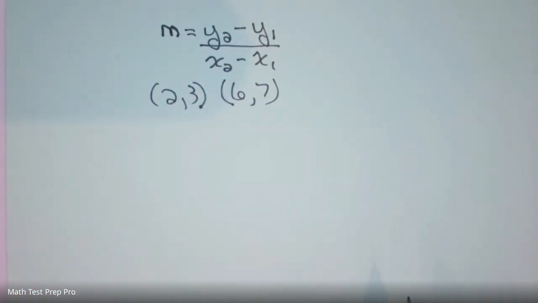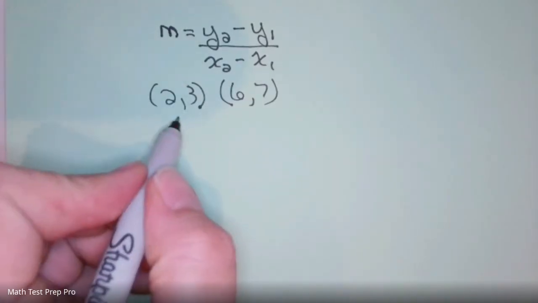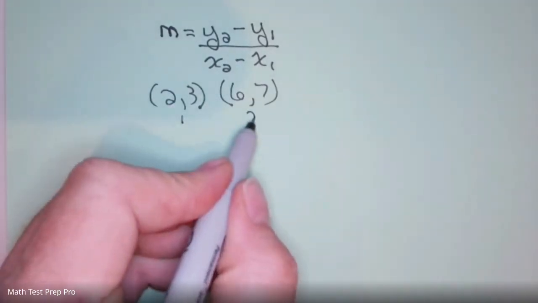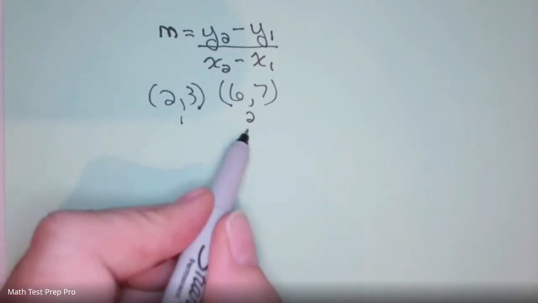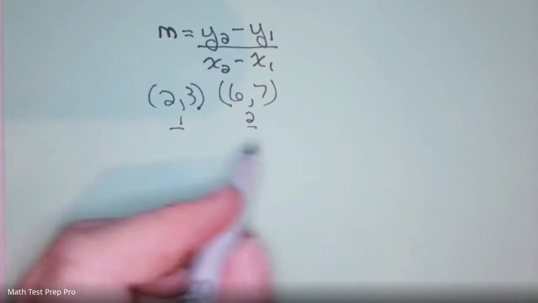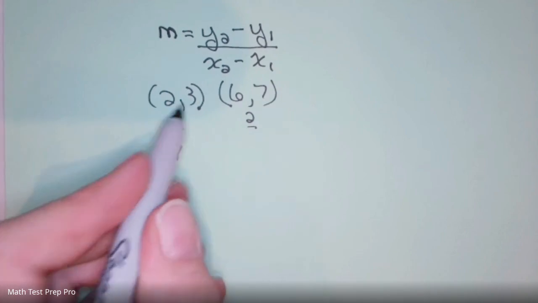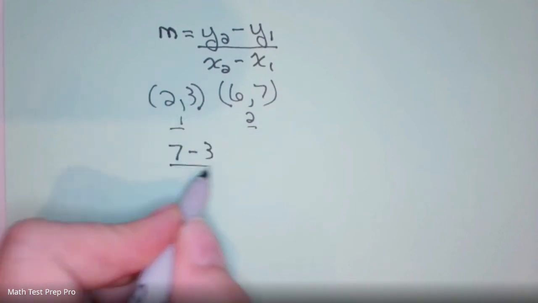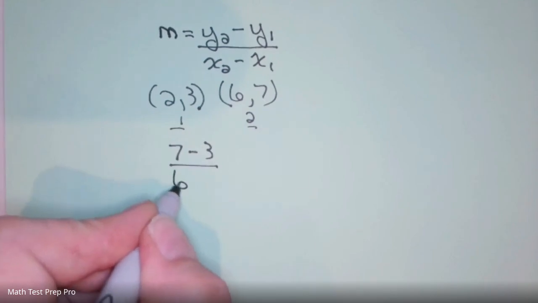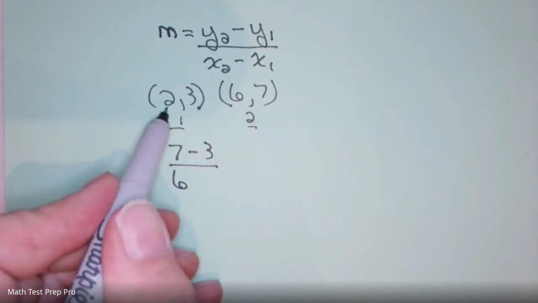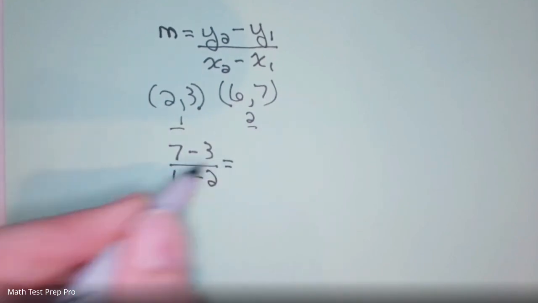We look at that and say, all right, this is the first set right here, and we're going to call this the second set. In the next step, we take the y from the second set, which is 7, minus the y from the first set, which is 3, divided by the x from the second set minus the x from the first set, and then do a little math.